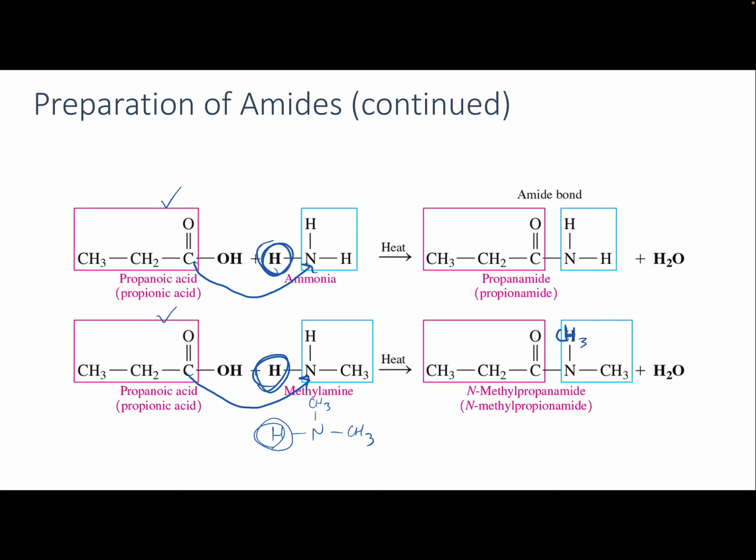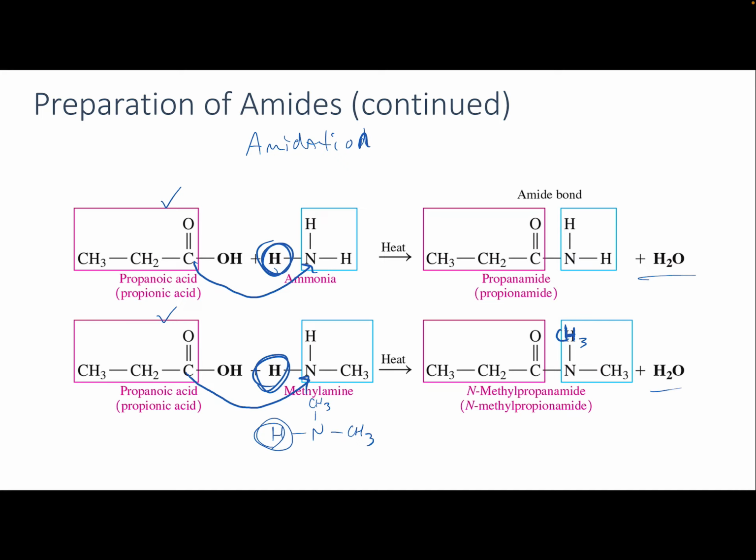Naming: we change the last part, so propane gets the E dropped, and we make it propanamide, just kind of like propanamine. Now, these reactions are called amidation. We also call them condensation reactions, I guess because they produce water, maybe, or they condense into one molecule.